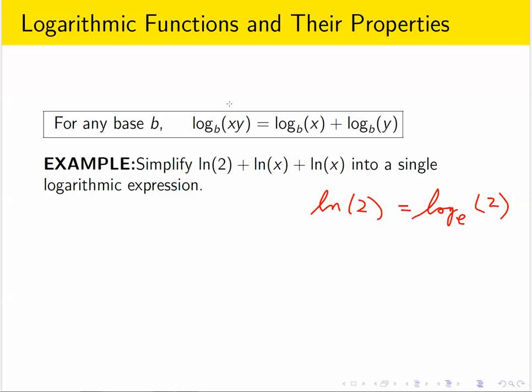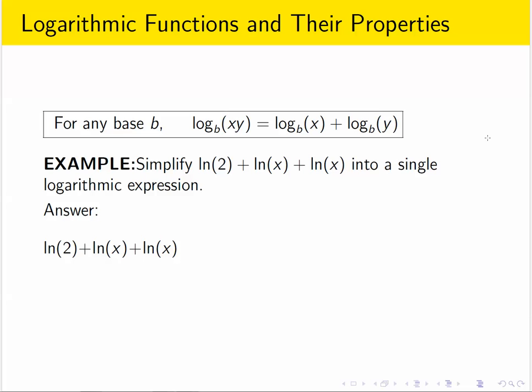So I'm using this property where my b is Euler's number. Let's see what we can do. First of all, I can combine these two expressions using this property.